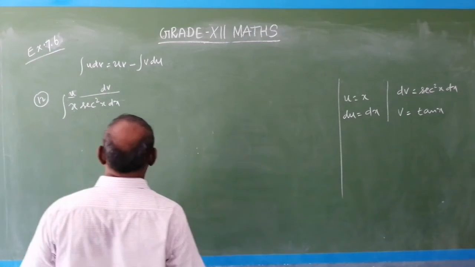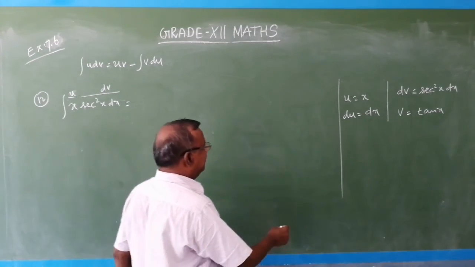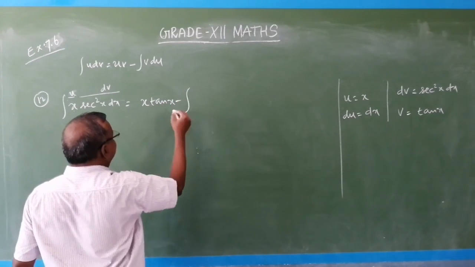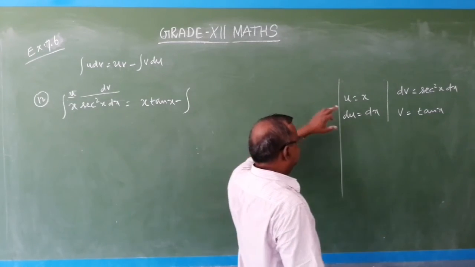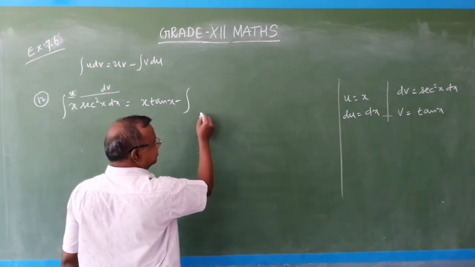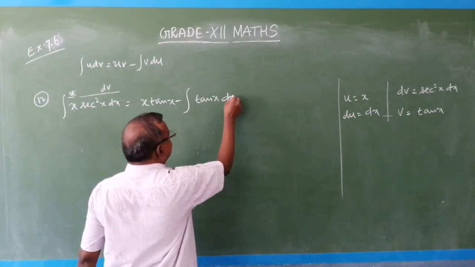Now substituting, this is uv means x tan x minus integral v du, that is integral tan x dx.